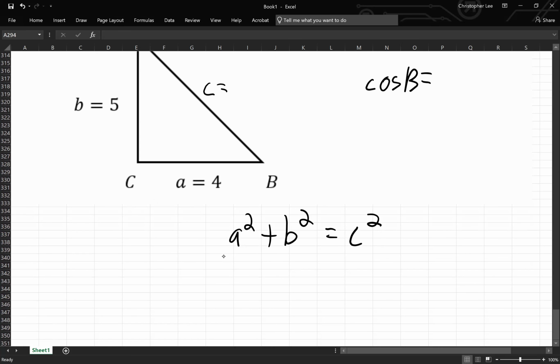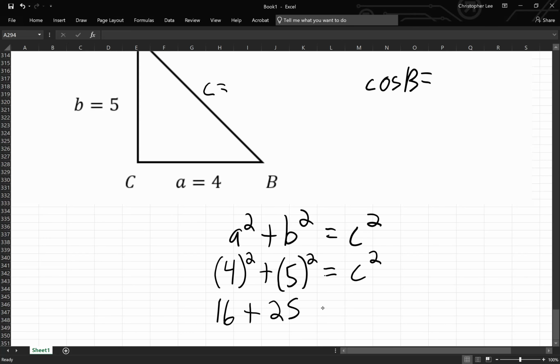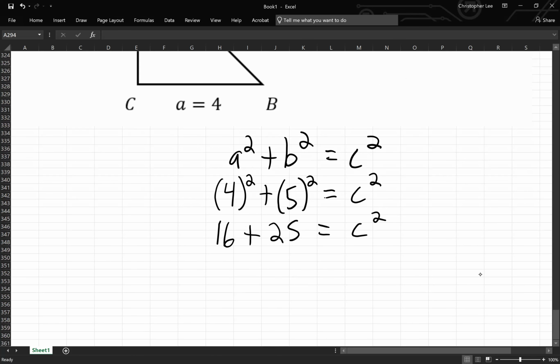Nothing crazy here. 4 squared is 16, plus 25 equals c squared. So 41 equals c squared.